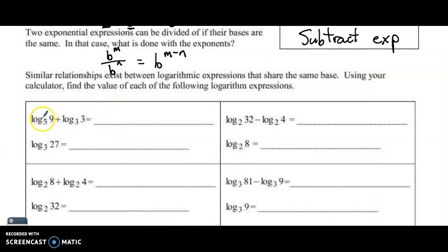We realize that log base 3 of 9 is 2, because 3 to the second power is 9. And log base 3 of 3, well, we learned that property already, that if the bases are the same, it's equal to 1. And 2 plus 1 is equal to 3. Yeah, and then the question is 3 to what power would give me 27? 3. 3 times 3 times 3.